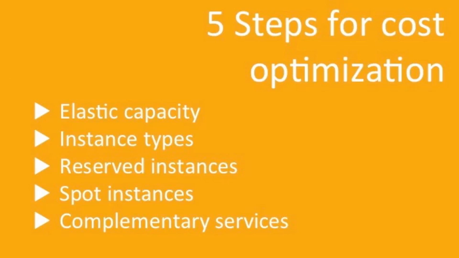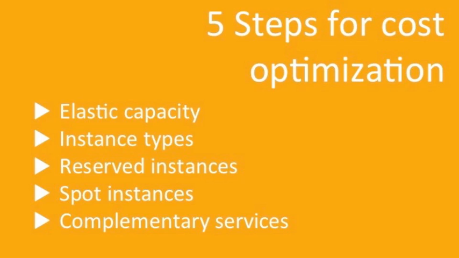Okay, so fundamentals kind of out of the way, let's look at 5 steps for cost optimization. The 5 steps are going to be implementing elastic capacity and giving you some examples of what you can yield with it. We're going to look at instance types and some of the dynamics around choosing different types of instances.